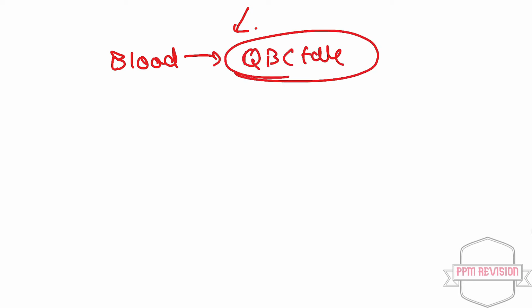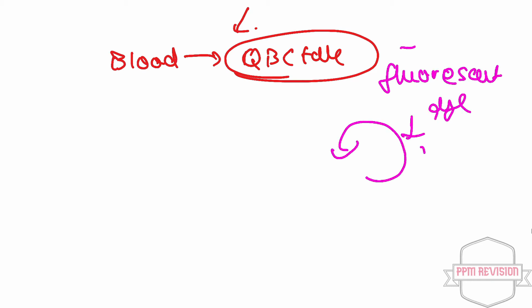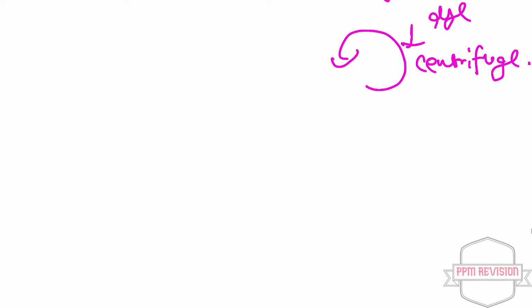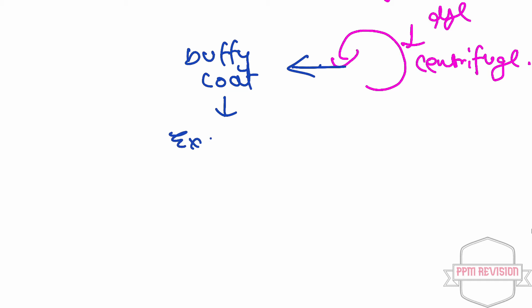What happens is we are coating it with the fluorescent dyes, and then we are centrifuging it. So what is achieved is we are getting a Buffy coat, and this is examined under microscope.